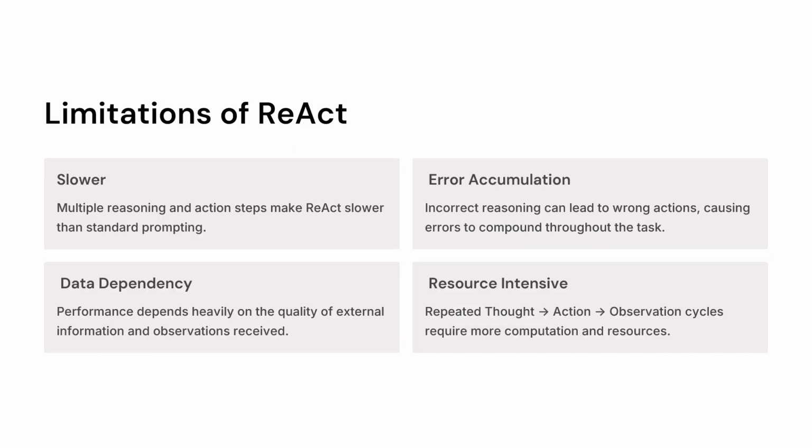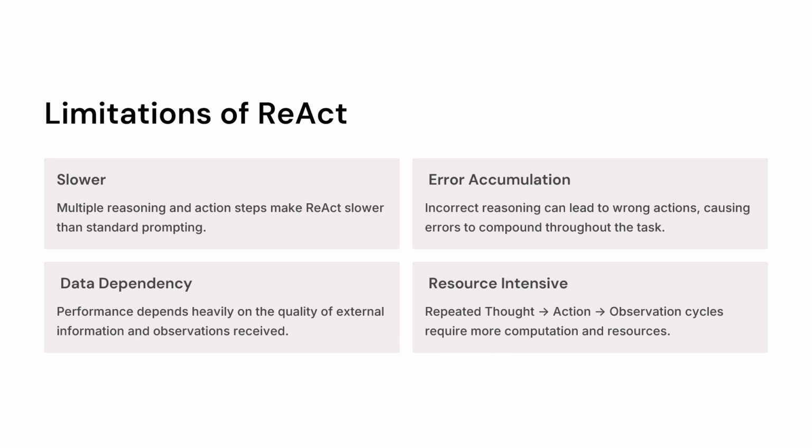So even though ReAct prompting works pretty well, it has a few limitations. Firstly, it's pretty slow. So like you saw the entire pipeline, it's very huge and it takes a lot of time. That's why it's not really useful for real-time applications. Secondly, error accumulation. So like if we get a wrong result from Wikipedia or something which we actually don't want, when this gets accumulated and propagated forward, it results in getting the wrong answer finally.